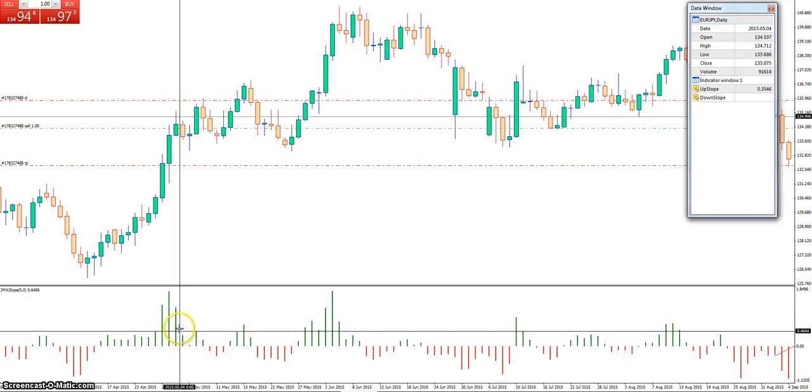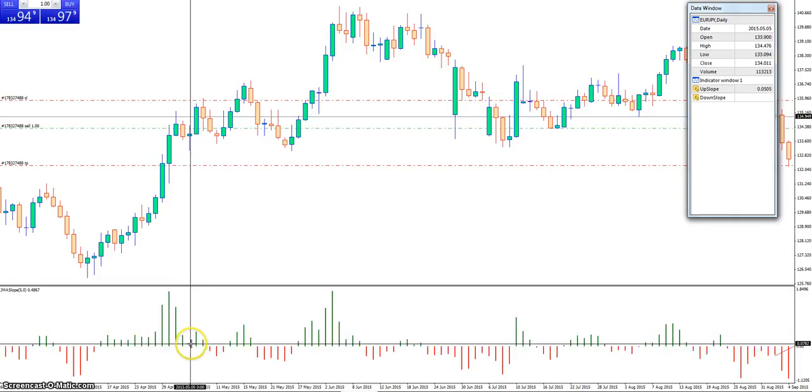So this is a valley. This valley has formed here like this. So this is the first identified valley. And then, as I mentioned before, we have to look for a divergence where the indicator falls farther below this value. So it has to fall this way.